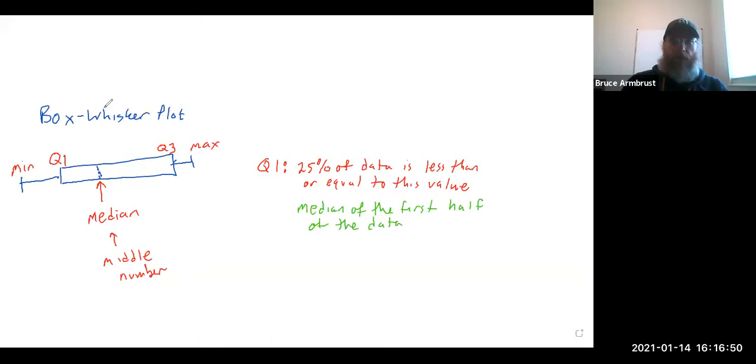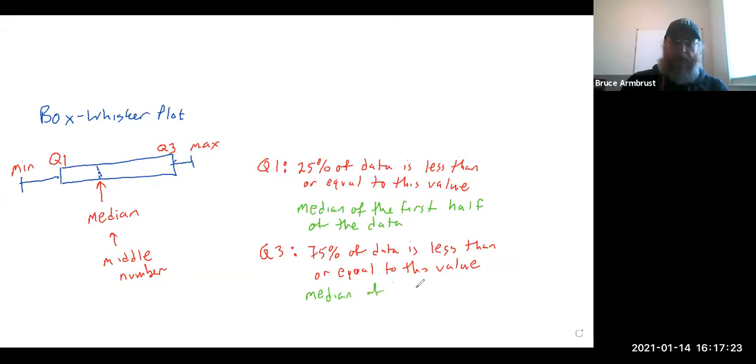It's the first quartile. So then Q3 is the third quartile, and it means basically the same thing. This just says that 75% of the data is less than or equal to this value. And similarly, I actually think of it instead as the median of the second half of the data.